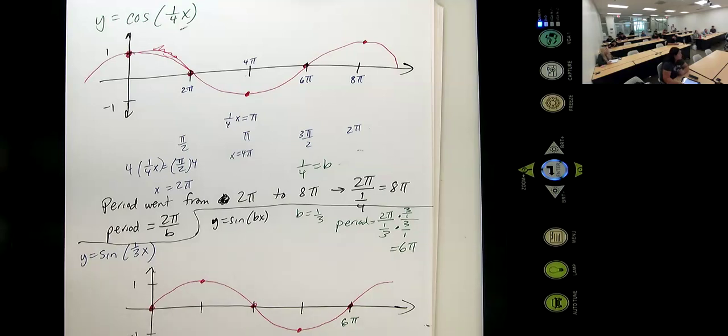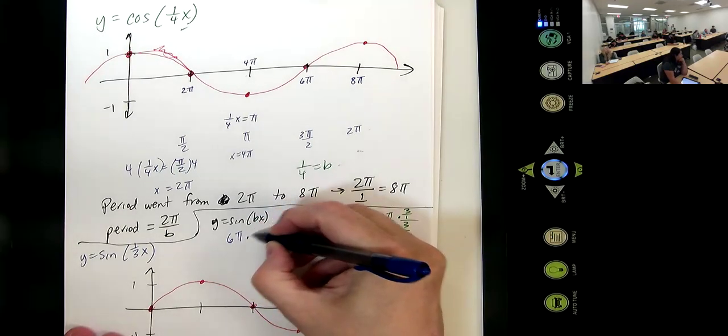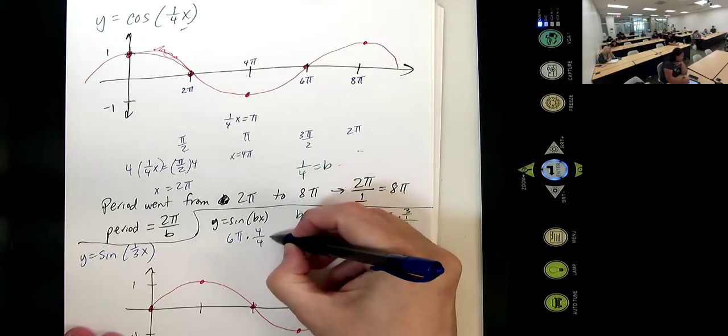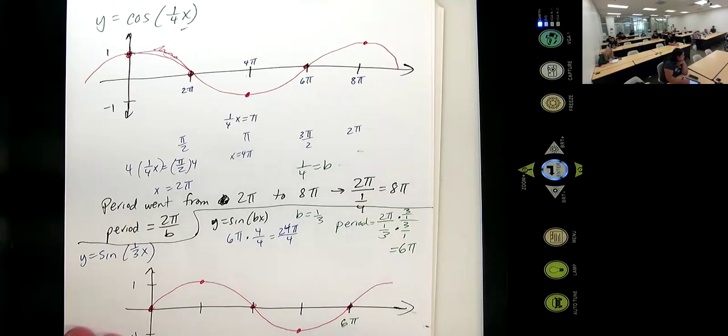If it helps, take that 6 pi and multiply it by 4/4. And I'll get 24 pi over 4.